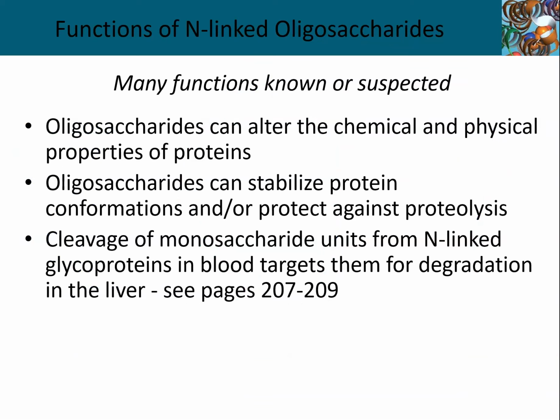I love this title. Functions of nitrogen-linked oligosaccharides. Many functions are known or suspected. And that's the truth. It's incredibly diverse. Oligos can alter the chemical and physical characteristics of proteins dramatically. It can target them for packaging, for transport, for subsequent modification. It can protect against proteolysis.